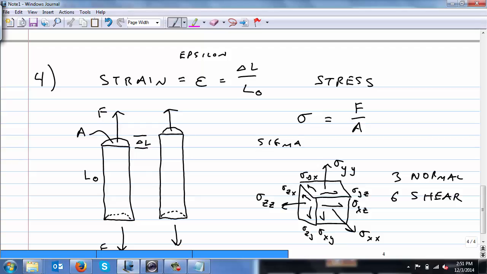So whereas pressure just has one component, the same amount in all directions, stress actually has 9 components. 3 normal, 3 shear. Same with strain. So that's a long way around saying what the heck is strain energy? Well, that's what it is. It's the energy of deforming the material.